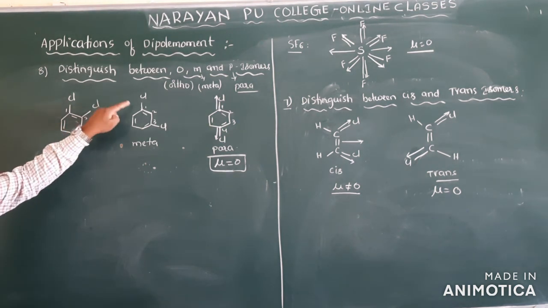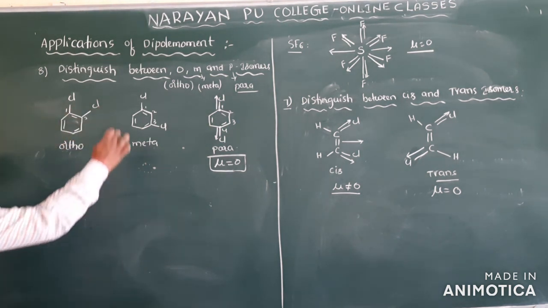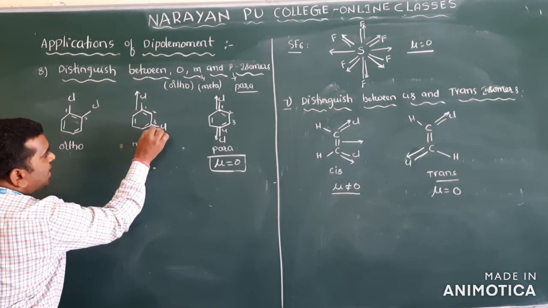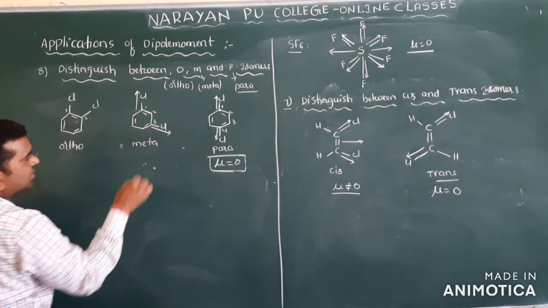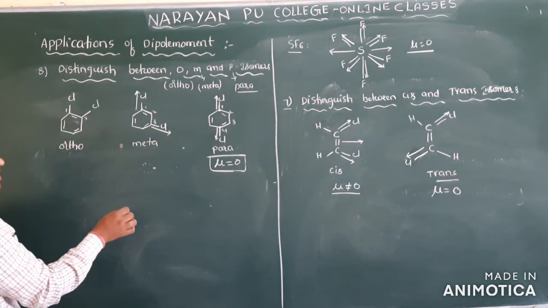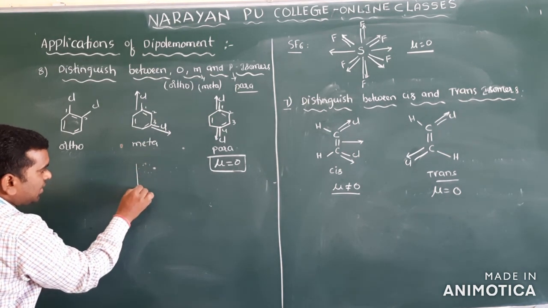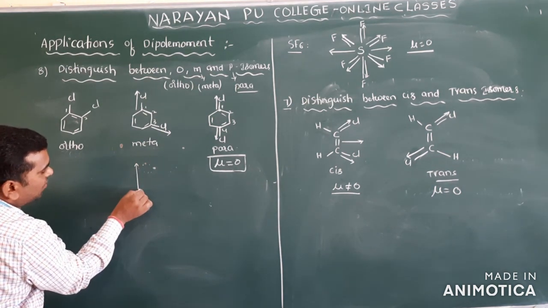Now you see. In this case, the dipole moment is like this and this dipole moment will be like this. Clear? So what will be the resultant here? If you extend this one, this is the resultant and this is another one.